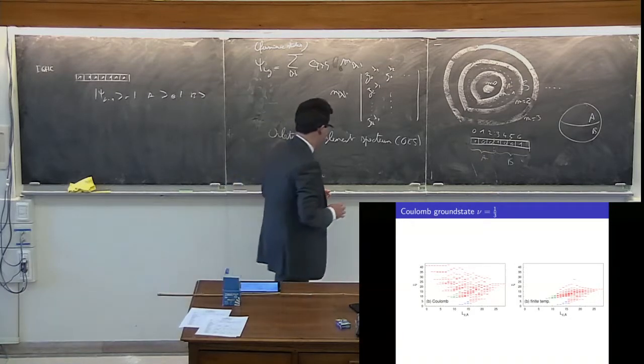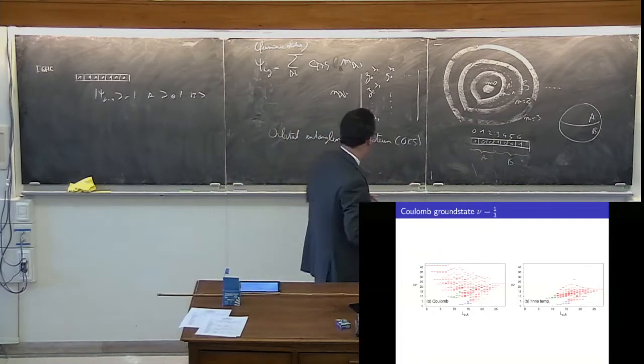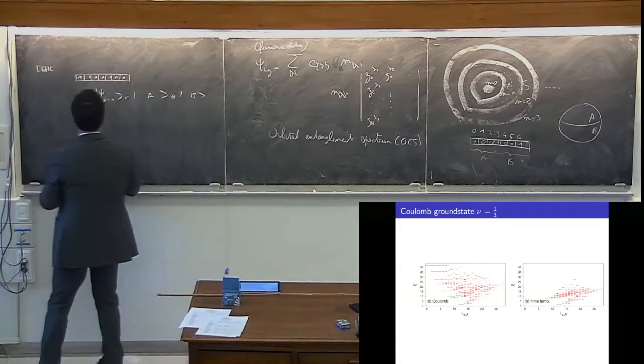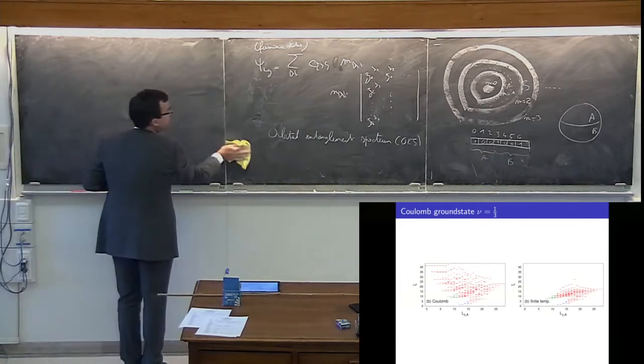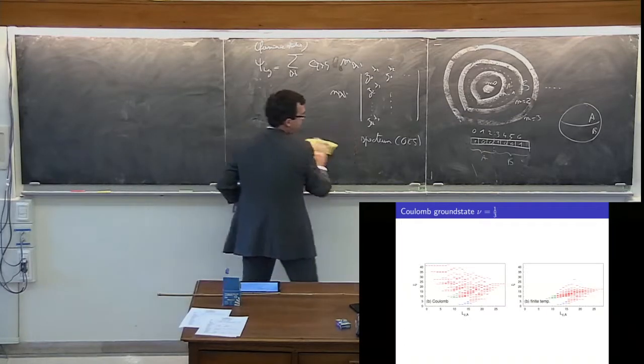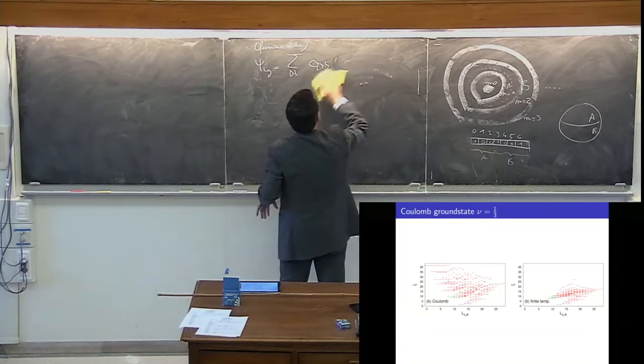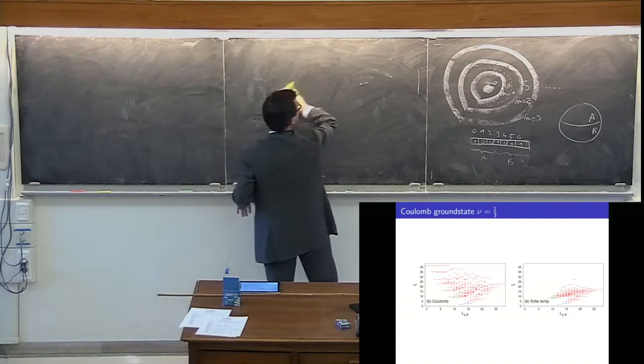Let me show you one thing that will be helpful for what I will talk about after the break. So when you do the OES, you can do that on the sphere, on the plane. You can also use another geometry, which is the cylinder, for example.